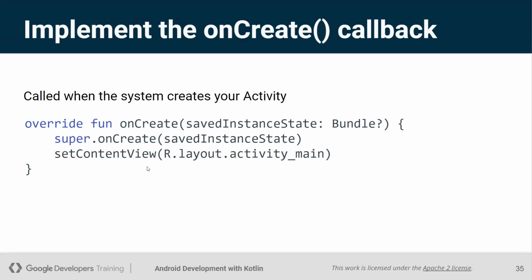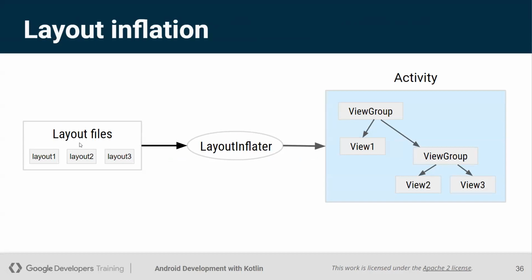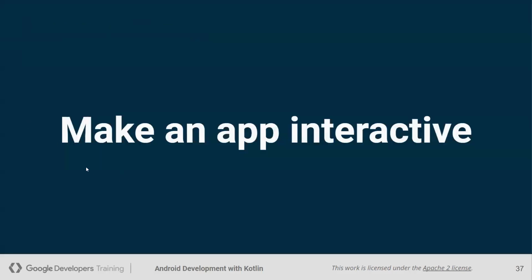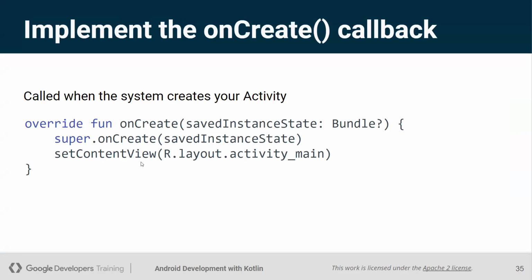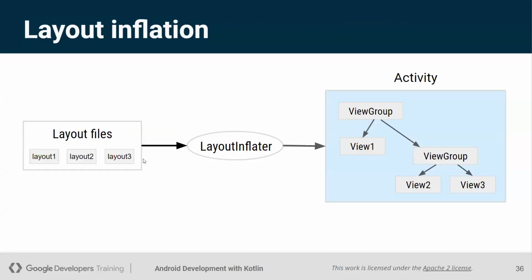Because of that, setContentView is known as a layout inflator. The method called setContentView is known as the layout inflator, which can inflate the layout files into this format where it shows that the views are ordered in this manner, and also gives each view as objects.